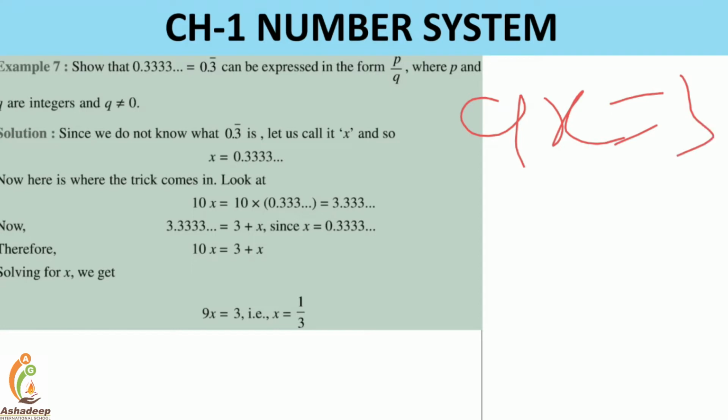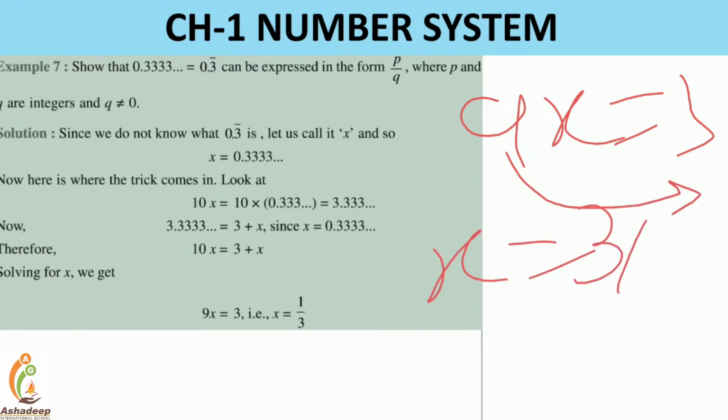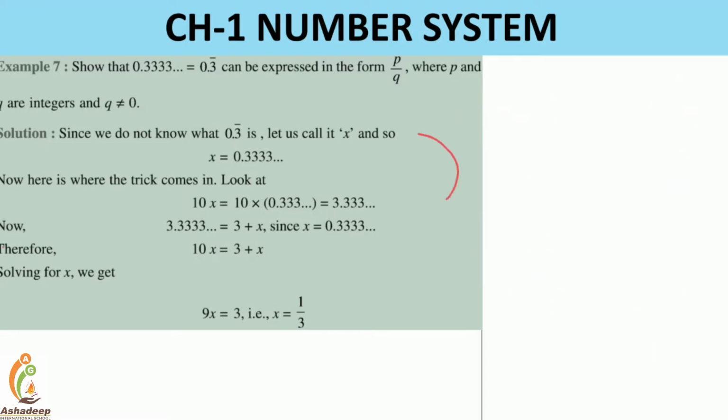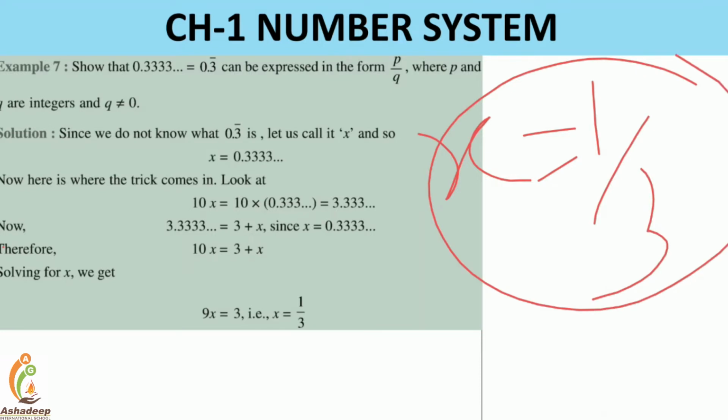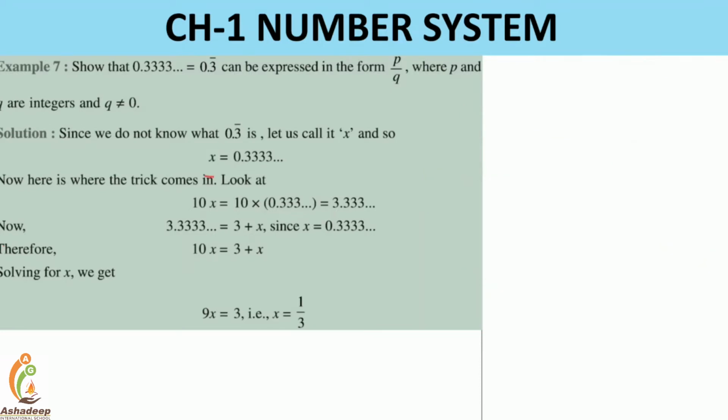In the 8th standard we learned that 9 moves from multiplication to division. That's why x equals 3 divided by 9. So the final answer is x equals 1 upon 3. Right? Notice here, x equals 0.333.